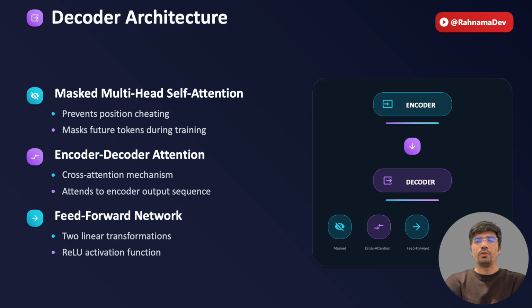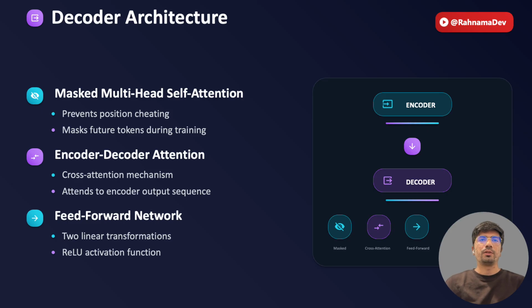The masking ensures that the model can only attend to previous tokens, not future ones. This is crucial for autoregressive generation, generating text one word at a time. This masking is also what makes GPT models work so well for text generation.